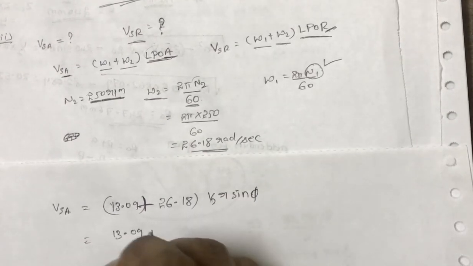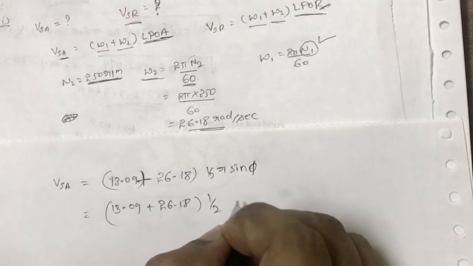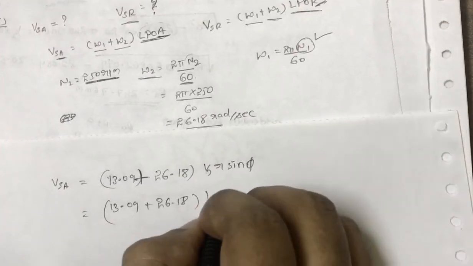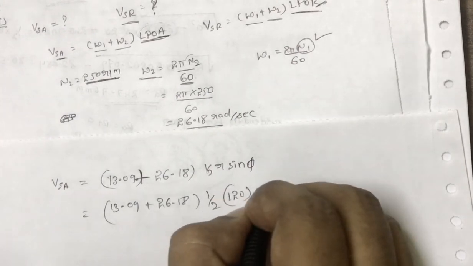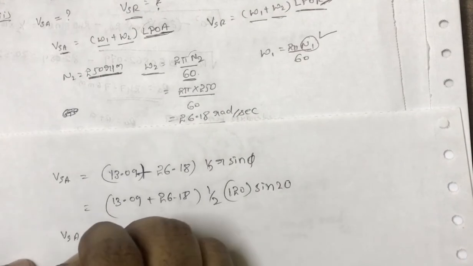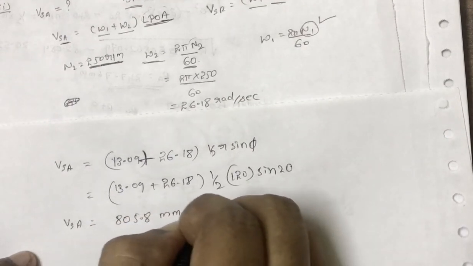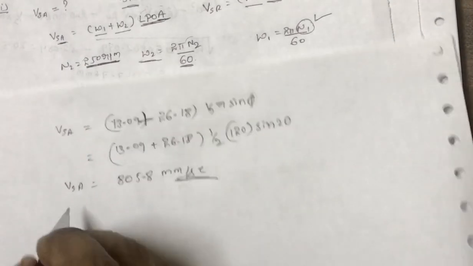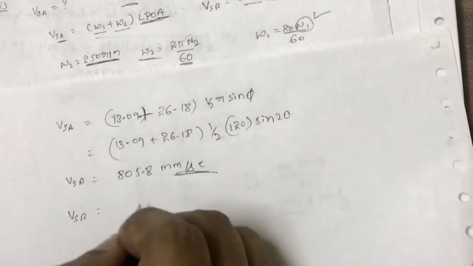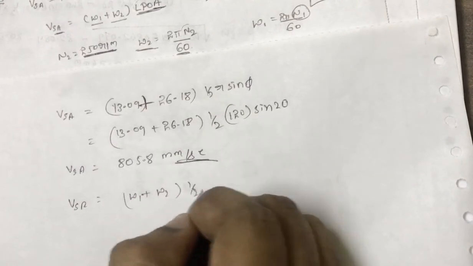Substitute 13.09 plus 26.18 into half into small r, which is 120, into sin 20. You'll get 805.8 millimeter per second.